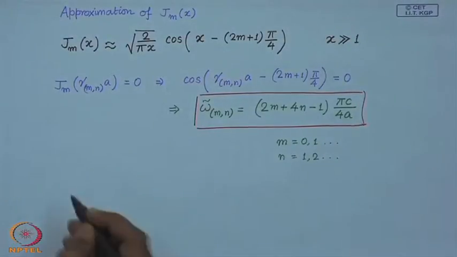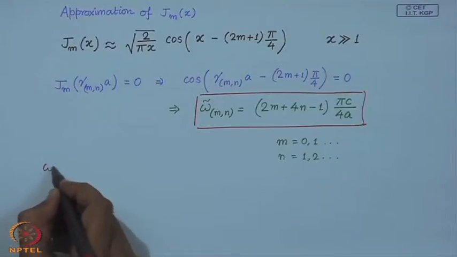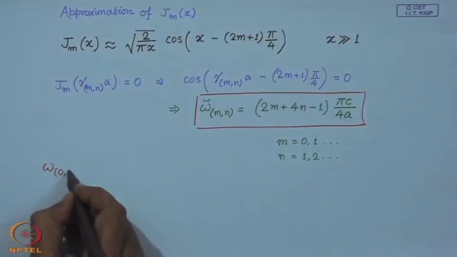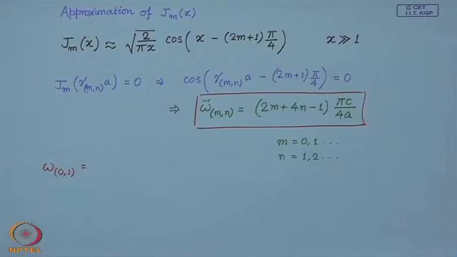So, let me calculate, let us say omega 0 comma 1, with a tilde.